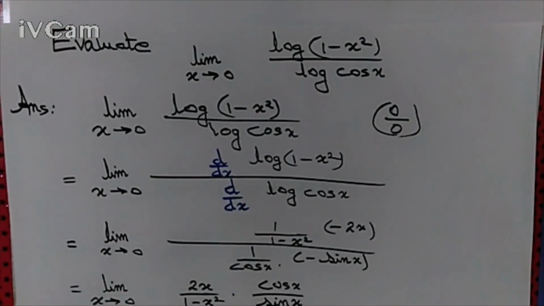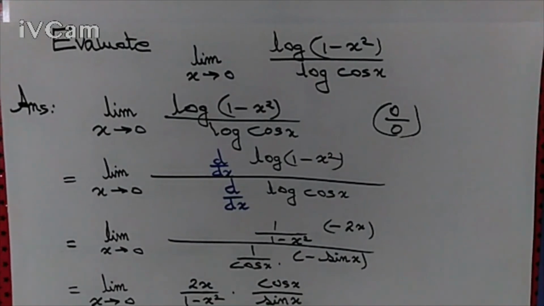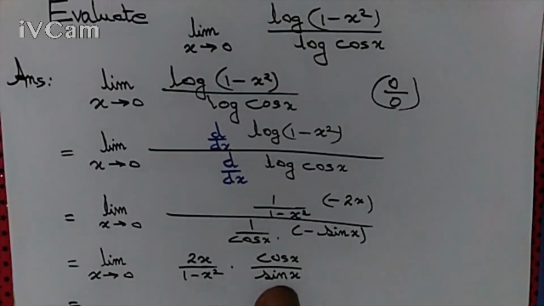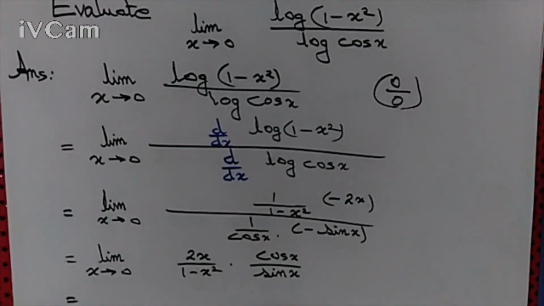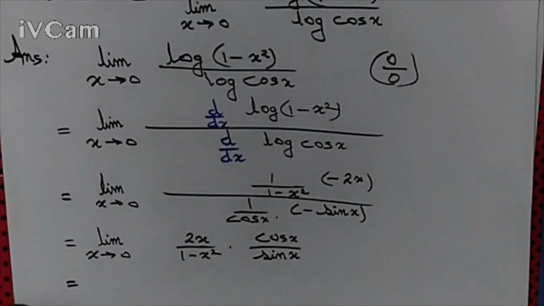Well, we know that we can again apply L'Hopital rule, but it is much easier if we apply the rule limit of product equal to product of limit provided both the limits exist. So this is equal to, as x tends to 0, cos 0 is 1.